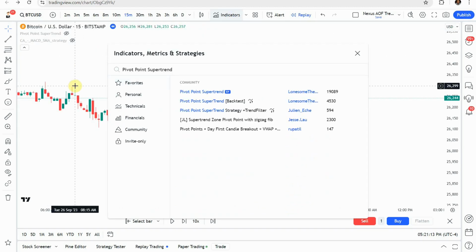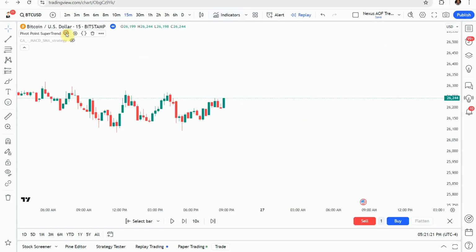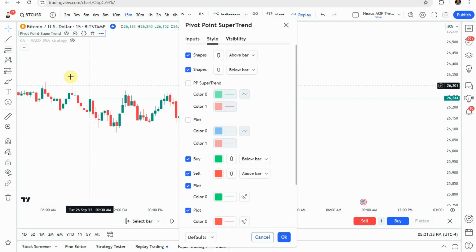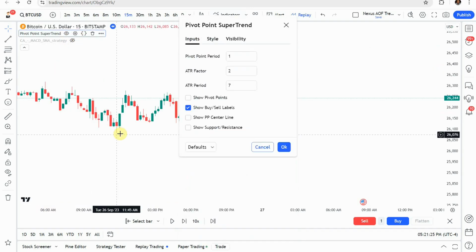The first indicator we will add to the screen is going to be the pivot super trend indicator, this one right here. Go ahead and click on that and add it to the screen, and then jump into the settings of this, and the inputs, the pivot point period right here, you're going to change to 1. The ATR factor you're going to change to 2, and the ATR period you're going to change to 7.